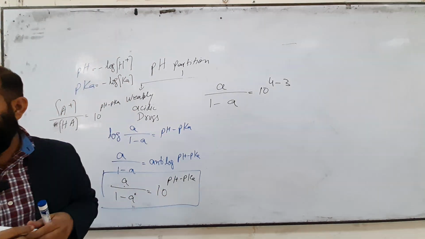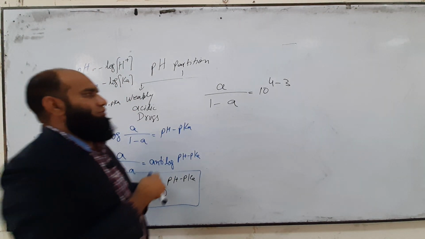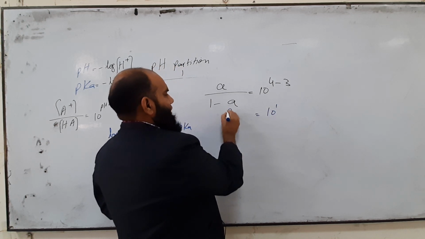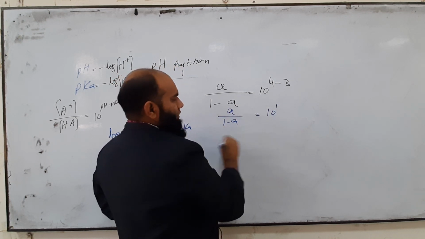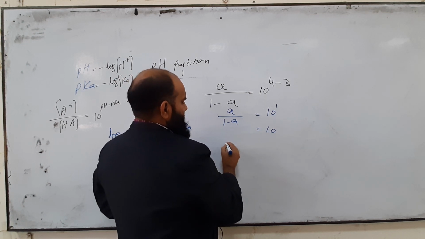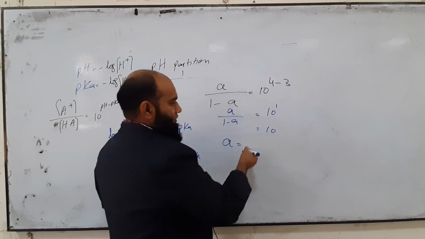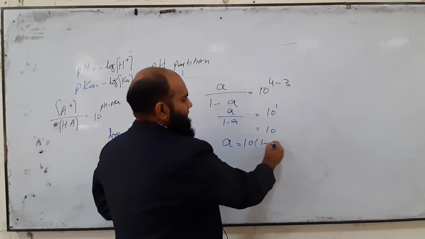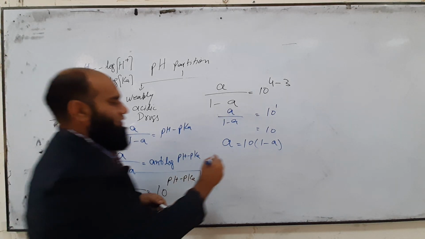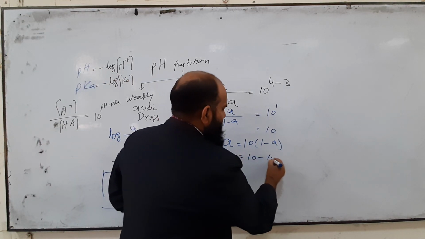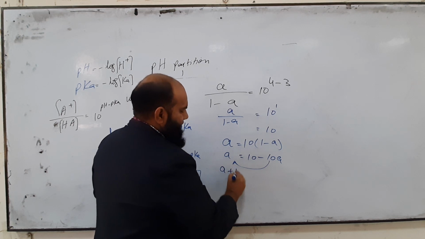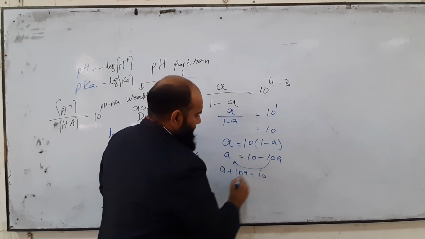We can solve it. We have 10 raised to power 1, so ionized over 1 minus A is 10. When we multiply, ionized drug is equal to 10 into (1 minus A), which is 10 minus 10A. The A terms are combined: A plus 10A is equal to 10.